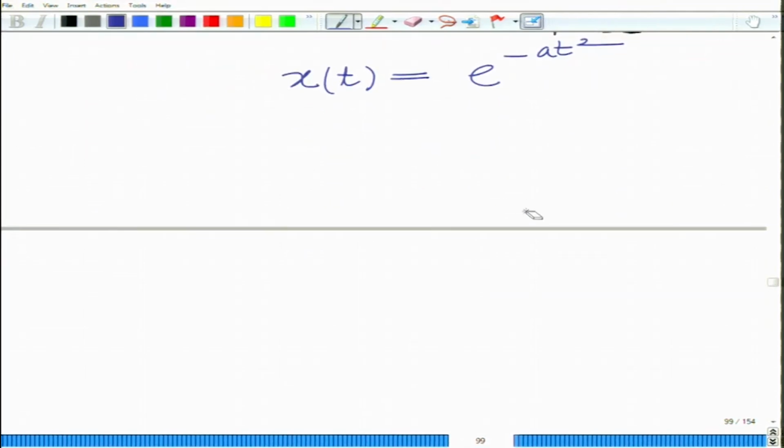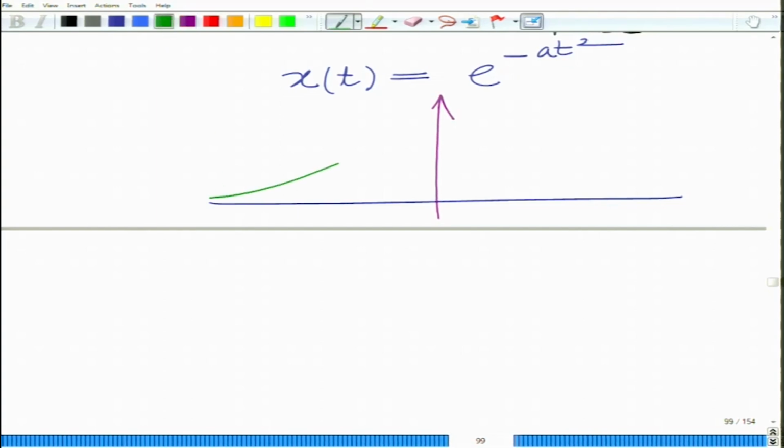You can see as t tends to infinity and t tends to minus infinity, this tends to 0, because this is e raised to minus a t square and it is a bell shaped curve that looks like this. Okay. So, this is t, this is x of t, the signal, and this is a bell shaped curve, this is a Gaussian pulse.